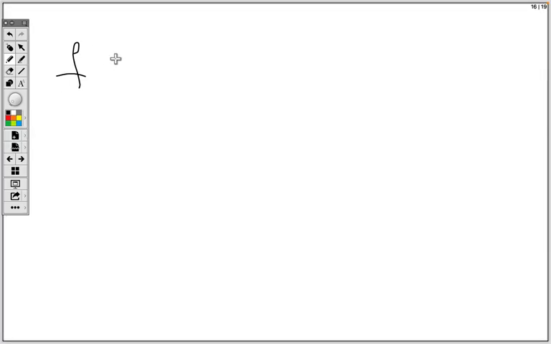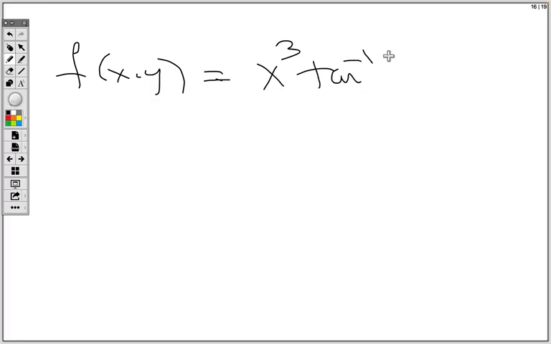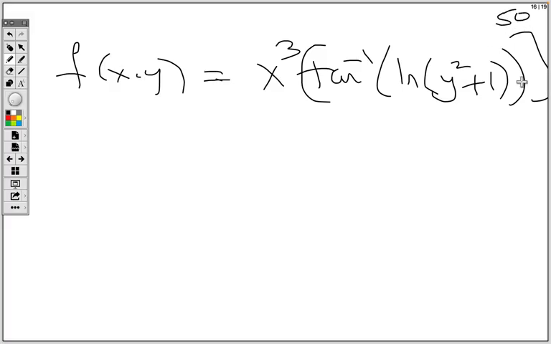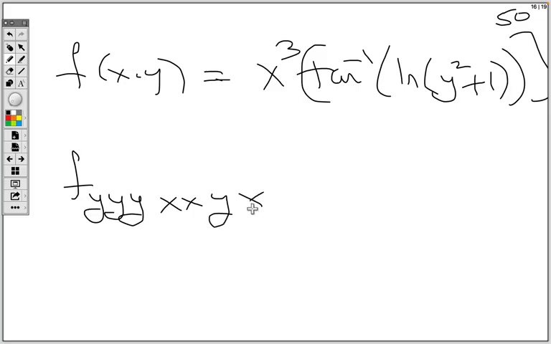So for example, if I gave you a function f of xy equal to x cubed inverse tangent of the natural log of, y squared plus 1, to the 50th power. And I ask you to find this. Okay?